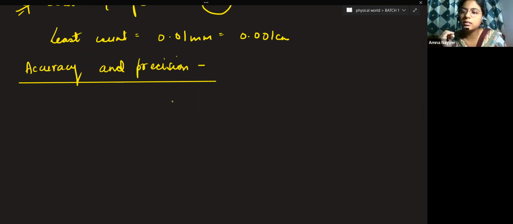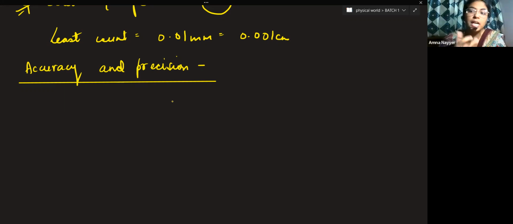For example, the answer is 10.34 centimeters. Arnav says he has got 10 centimeters as the answer, but my answer was 10.34 centimeters. So the answer that Arnav is getting, 10 centimeters, is an accurate answer. Means he is correct, no? 10 or 10.34, these are close enough. But if Aram says she has got 10.23, then I'll say, Aram, you have got the precise answer.